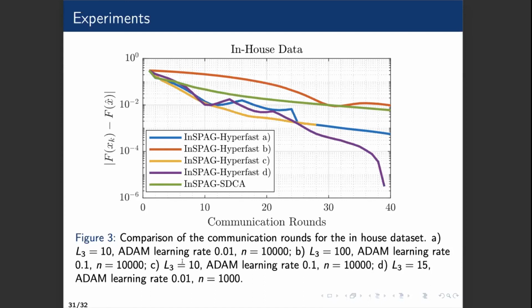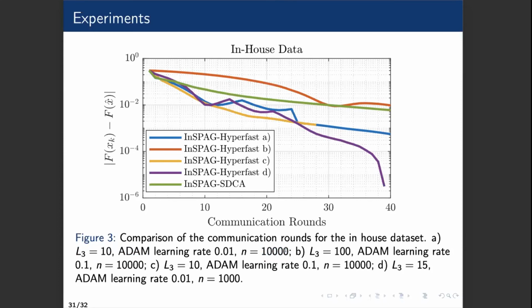And so the blue one is the variant with such parameters. Also, I should mention that the inner subproblem we solve with the Adam subsolver, and this number is the number of data points on the central node.